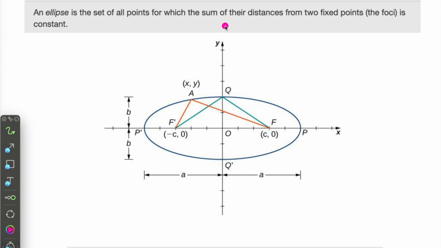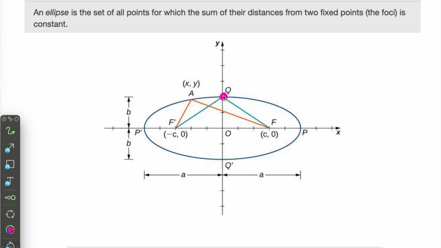Now, by the definition, it says the ellipse is a set of all points for which the sum of their distances from the two fixed foci is constant. What that means is if I look at this point A and I draw a line to one focus point and then a line to the other focus point, and I add up those two distances, let's say that came out to be, just for an example, 3.